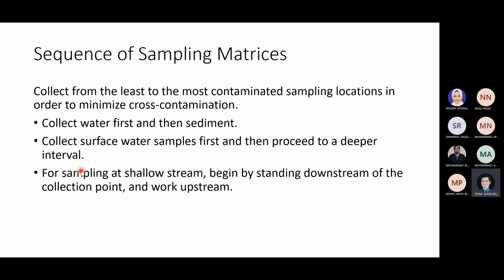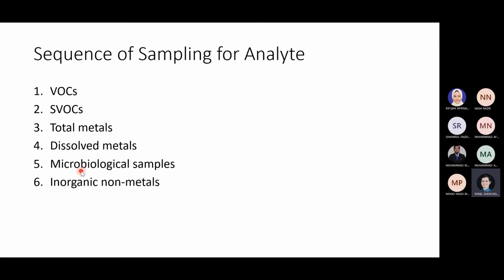So when you move up, technically there is no disturbance, even though you're already inside the river. So always remember, face the current, move from downstream to upstream. Yeah. So that is the usual sequence.